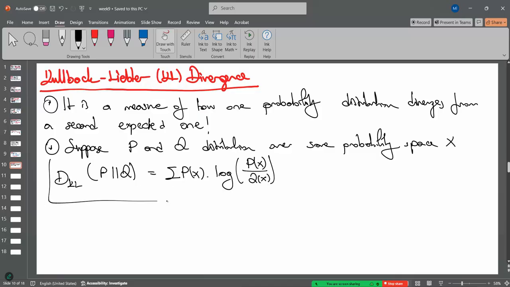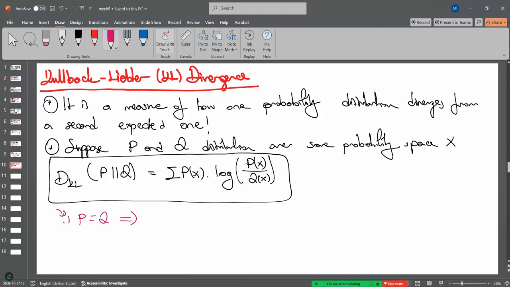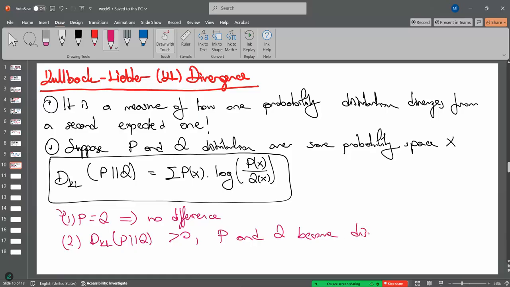Okay, this is the formula. And so how can we interpret this? If P is equal to Q in the first place, and so no difference, right? And so the ratio is 1, which means that the log is 0. And in the second place, if D KL P Q is greater than 0, and so P and Q become distinct. This is a beautiful feature, okay?